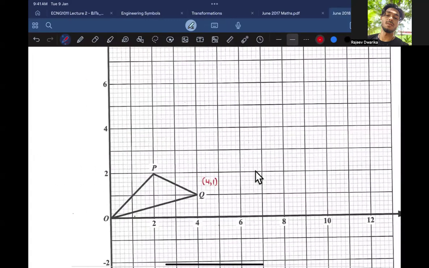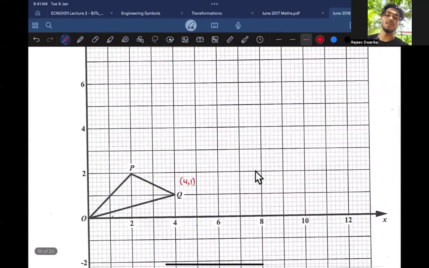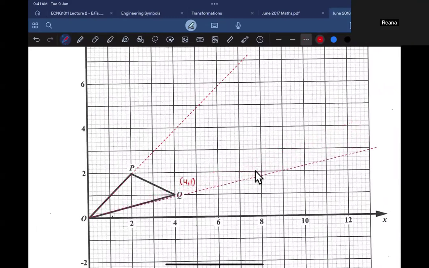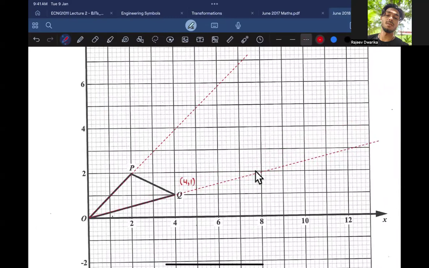So guys, I would like if you all had shown this. You need to show the center of enlargement lines. So your center of enlargement is starting from the origin. So I'm going to start my lines from the origin and it has to pass through OP and it has to pass through OQ.